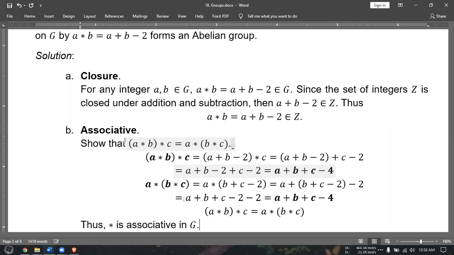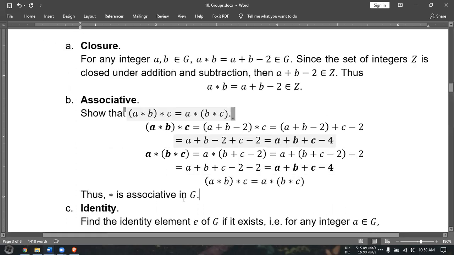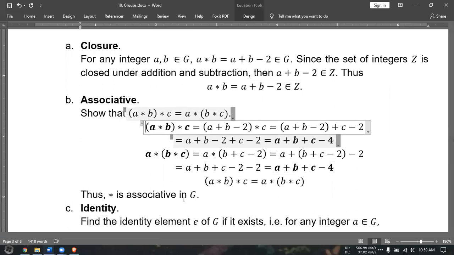Okay. Now, identity element. Existing ba ang identity element natin? How can we test that? Find the identity element E of G, if it exists.